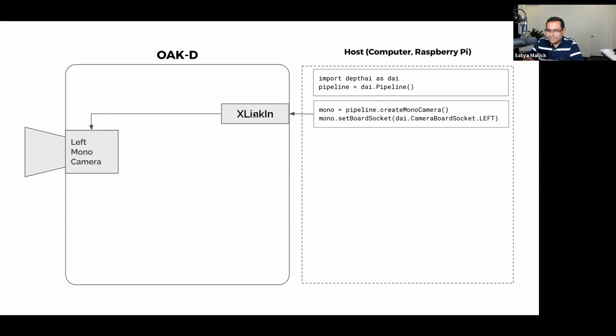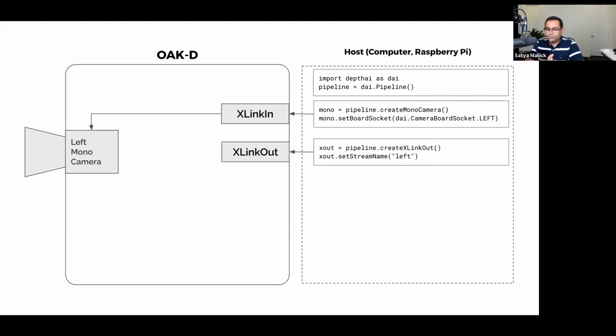This is not visible to you, it's behind the API. And through this XLink, we can set some parameters for the camera if we want. We can set the resolution of the camera, maybe the FPS also, all kinds of things.